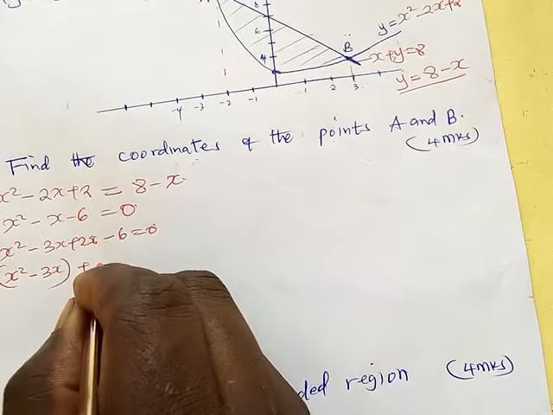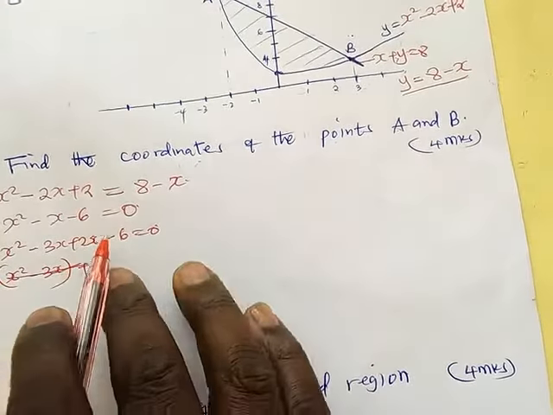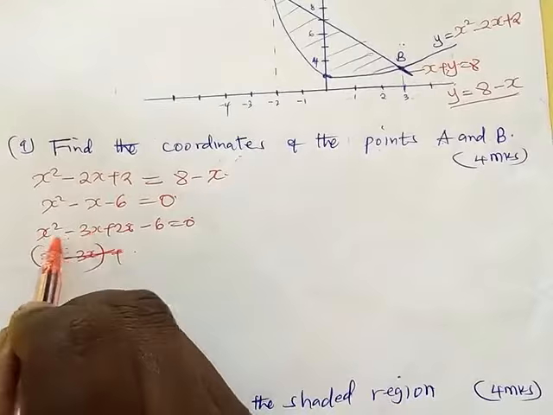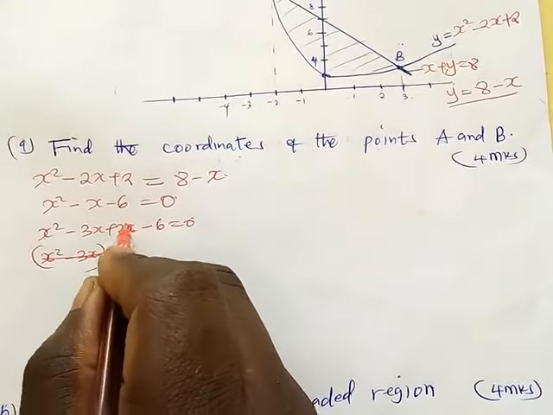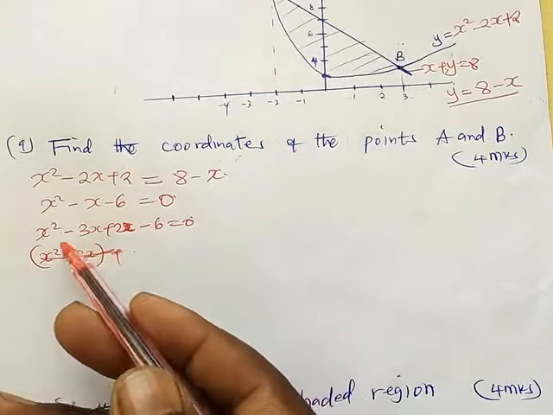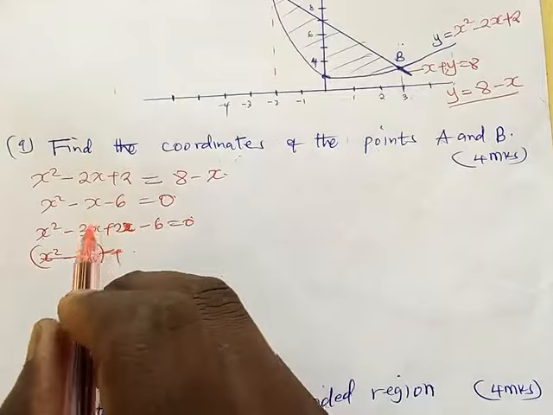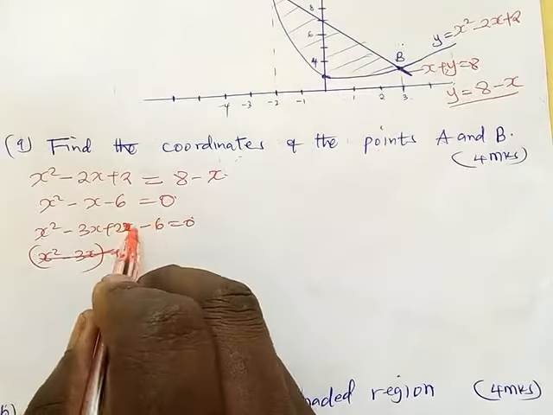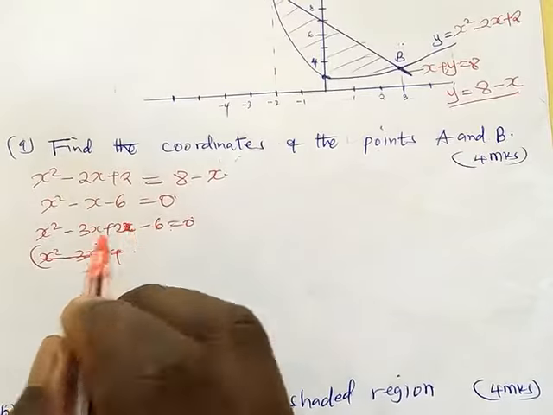So what have I done? Here we have looked for the factors, the factors that are going to give us the sum and the product. I know you know how to get the factors, so I am going faster.